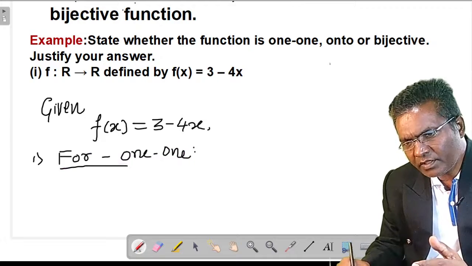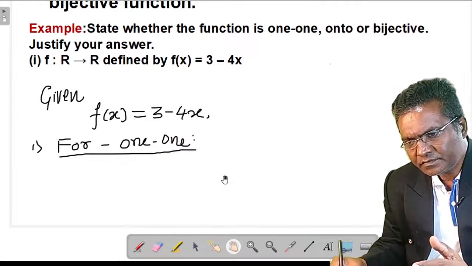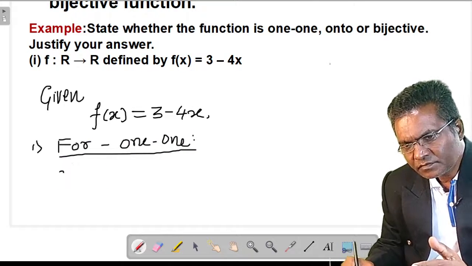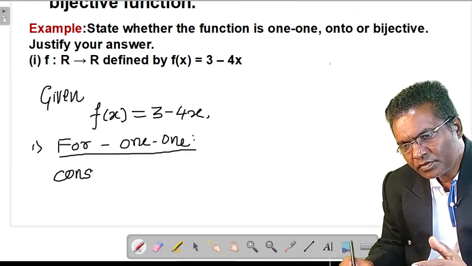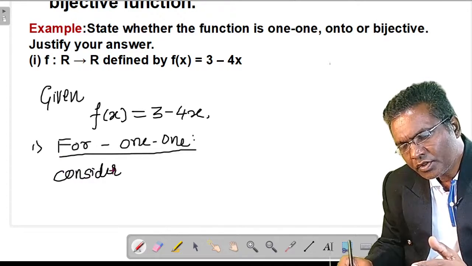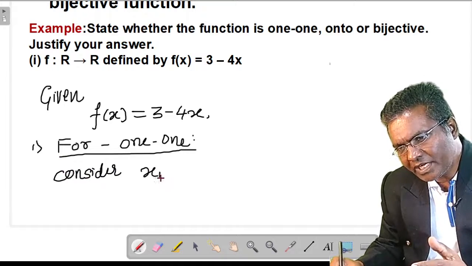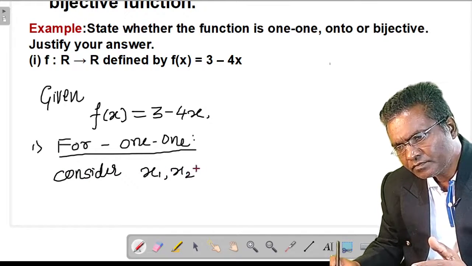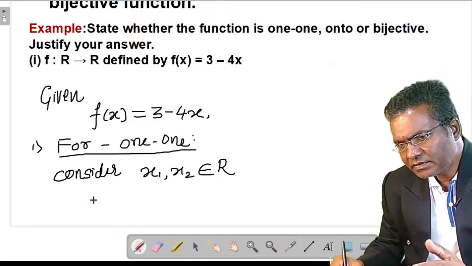For one-one you need to consider two elements belonging to the domain.